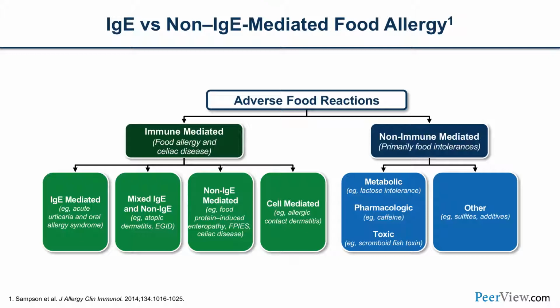It can be non-IgE mediated, such as food protein-induced enterocolitis or celiac disease, or it can have cellular mediated mechanisms like allergic contact dermatitis. Non-immune mediated reactions are due to metabolic, pharmacologic, or toxic reactions, or reactions to other things included in foods, such as additives.